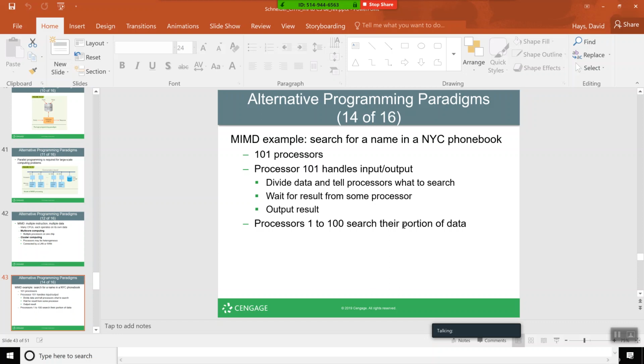You could have one person searching for a name through a New York City phone book, and let's pretend it's not alphabetical. How long would it take that one person to go through that entire phone book? A really long time. If you instead had 100 people and split the phone book between them, it'd still take a while, but a lot less, wouldn't it?